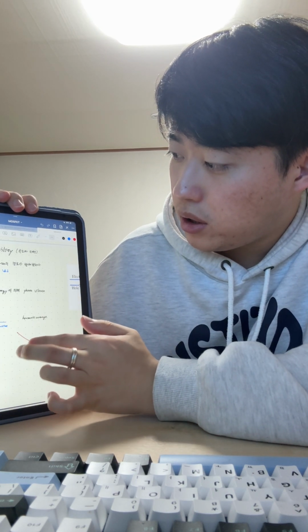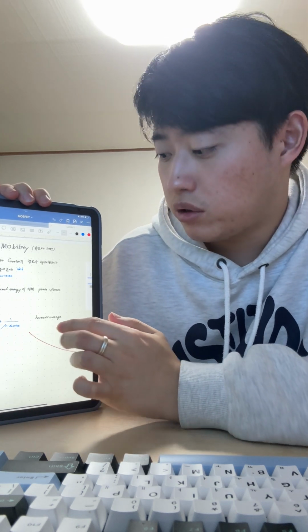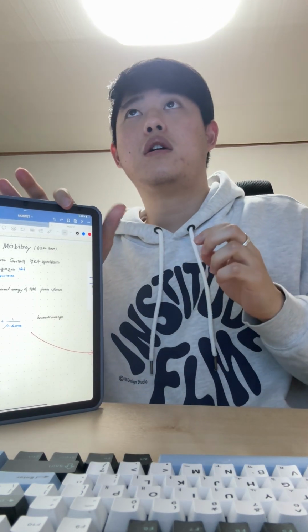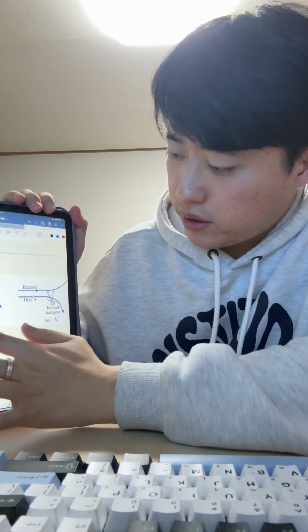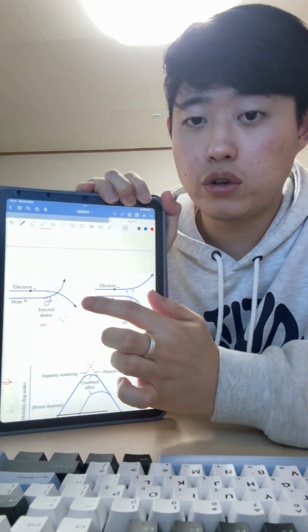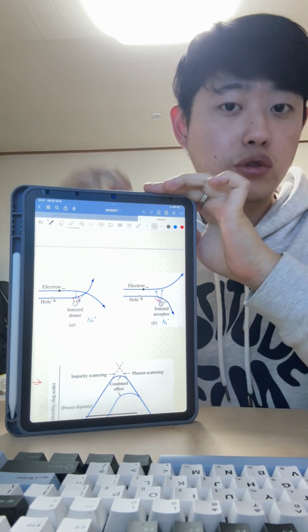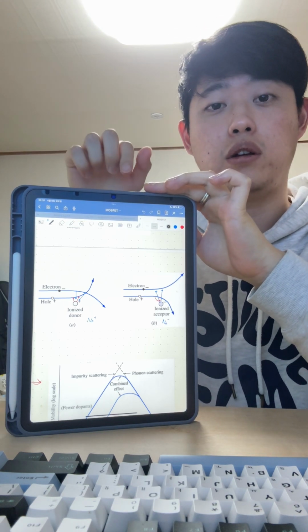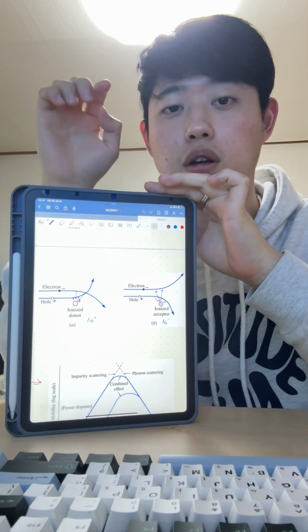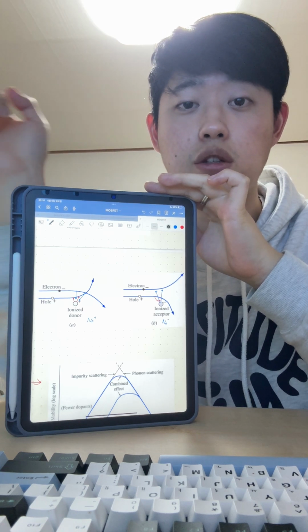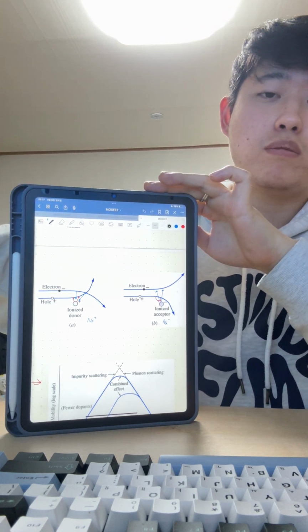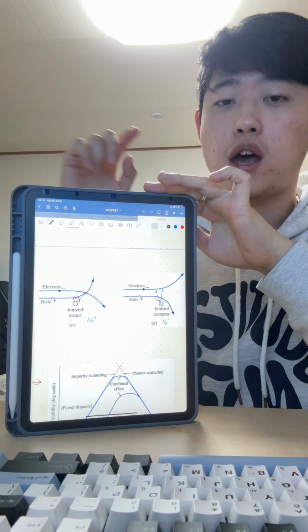Mobility is about electron mobility. Here is a donor. The donor gives an electron and has plus ionization, so it has charge.